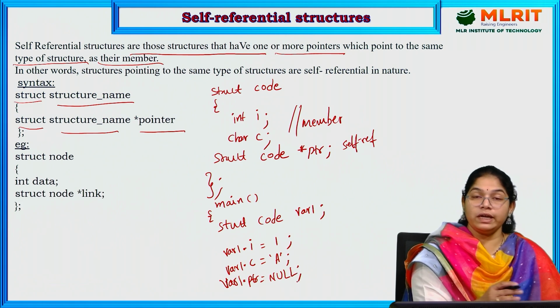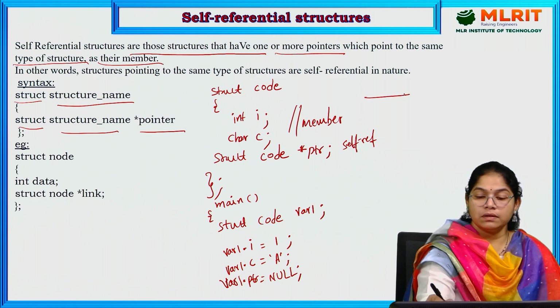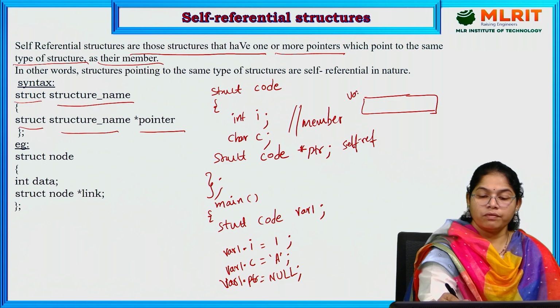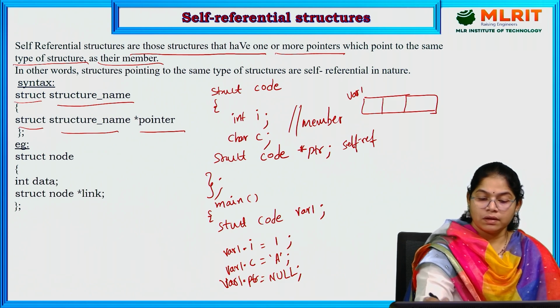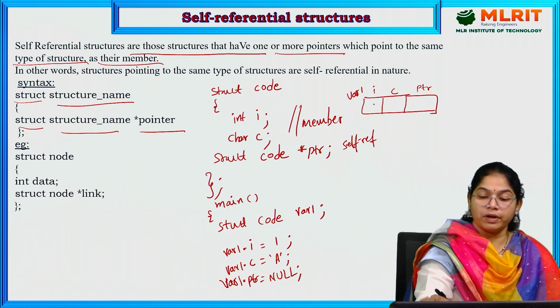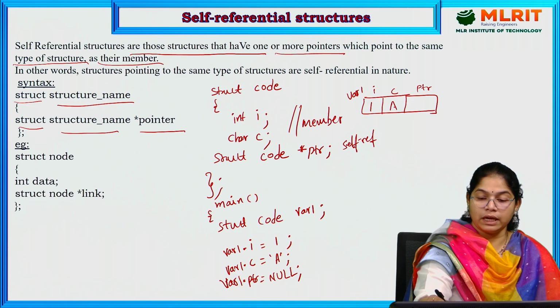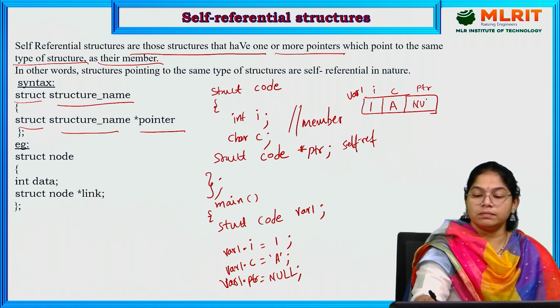If we visualize this, this is var1, which has i as a member, c and ptr. Here I provided the value of var1.i as 1, var1.c the value as 'A', and var1.ptr the value as NULL.